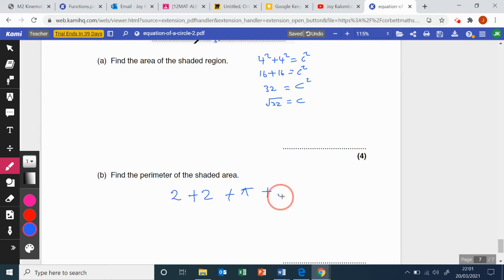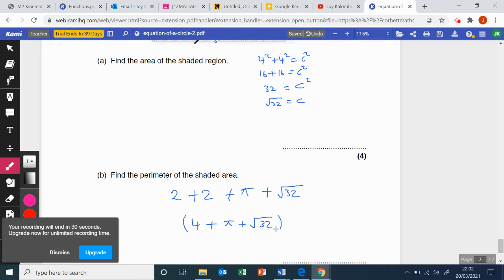What an interesting answer. So that simplifies to 4 plus pi plus square root 32. That is an exact answer. I mean, you could use a calculator, but we've essentially answered the question. That's the essence of the question.